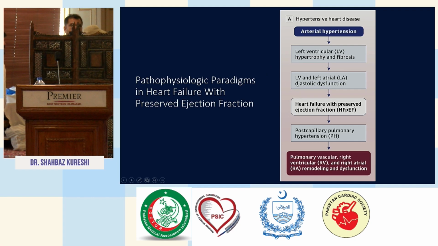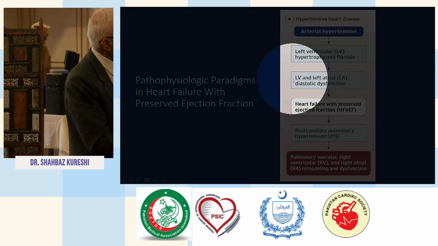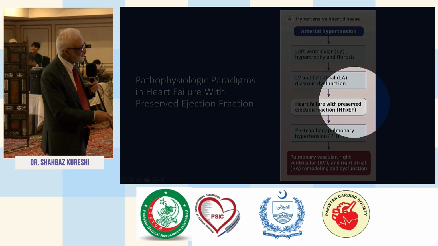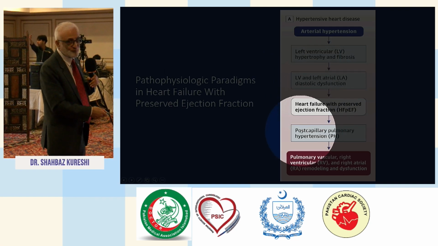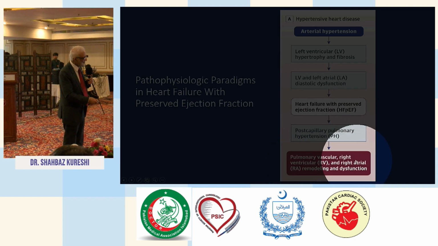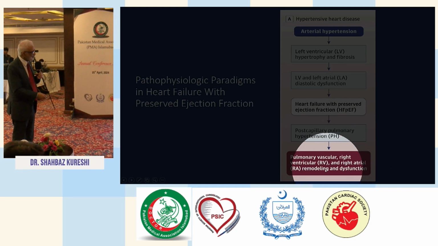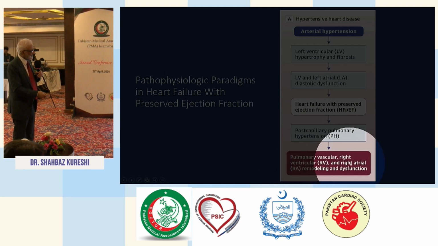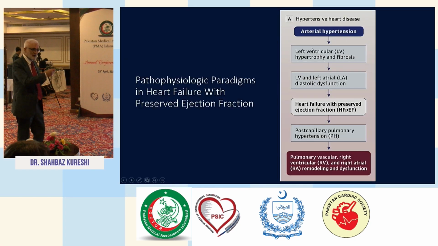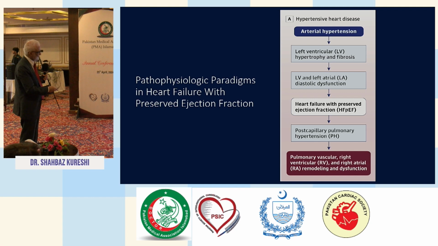Then there is left atrial dilatation, left ventricular dilatation or hypertrophy, heart failure with preserved ejection fraction, post-capillary pulmonary hypertension, and as a result, there is a remodeling of the right ventricle and right atrial remodeling and dysfunction. So this is the pathophysiology which you understand in patients with arterial hypertension causing all these changes here.